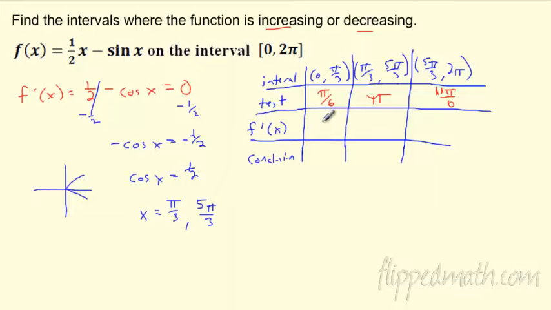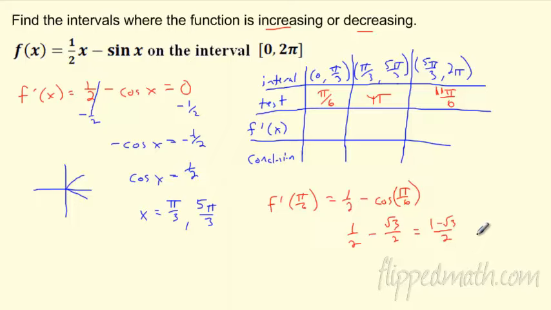If I plug pi over 6 into the derivative, my derivative was 1/2 minus the cosine of x. So 1/2 minus the cosine of pi over 6, which is radical 3 over 2. This is not real friendly, a rough looking number.